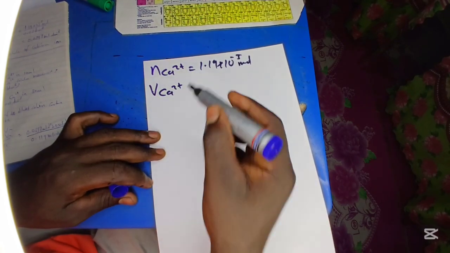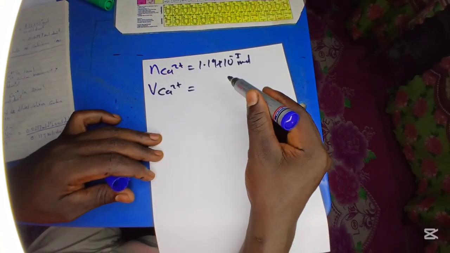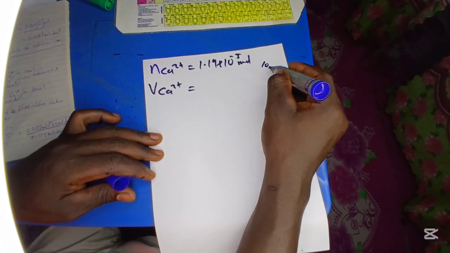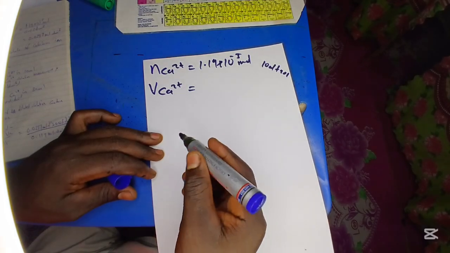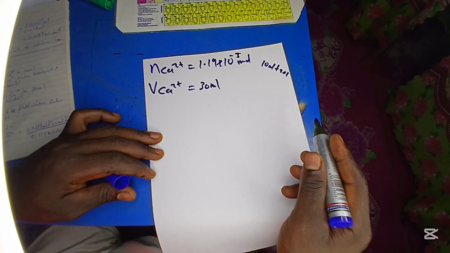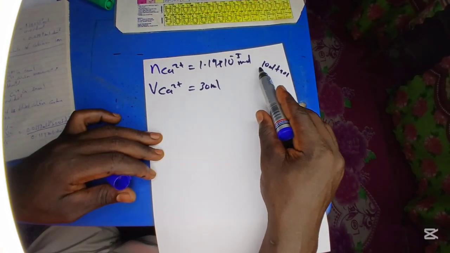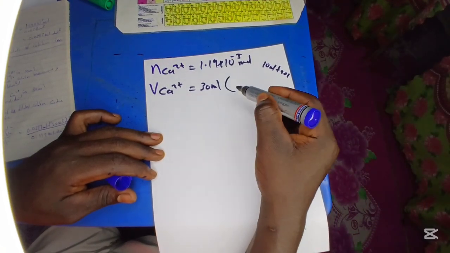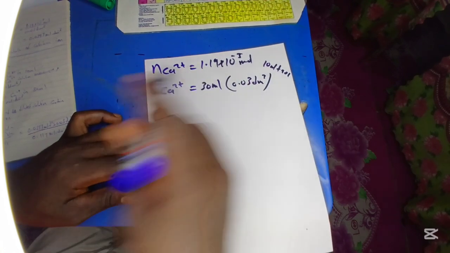From the procedure, we took 10 ml of our prepared solution plus 20 ml of distilled water. So the total volume is going to be 30 ml. I hope you got that, because we took 10 ml of our prepared sample and 20 ml of distilled water. If we convert this to dm³, we get 0.03 dm³.